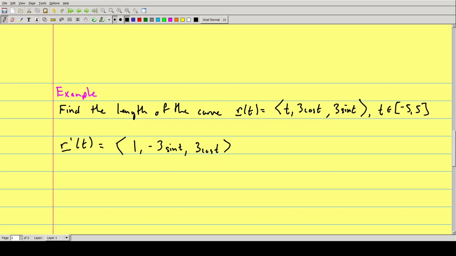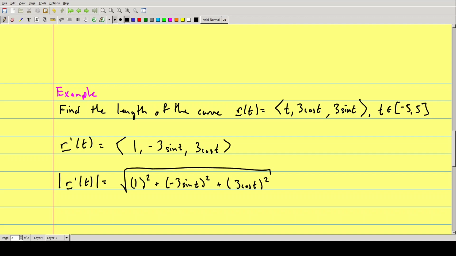The next thing to do is to compute the magnitude. So we get the square root of 1 squared plus negative 3 sine t squared plus 3 cosine t squared, all under the square root.